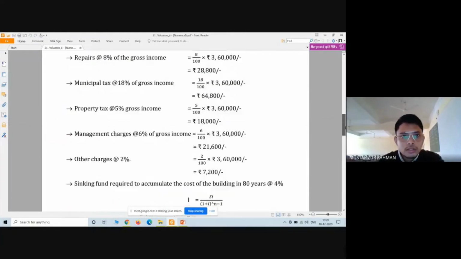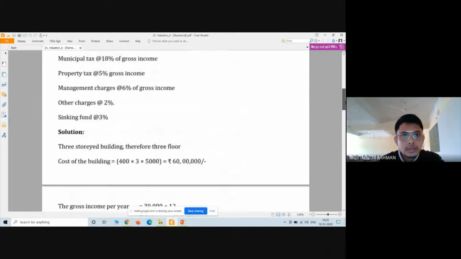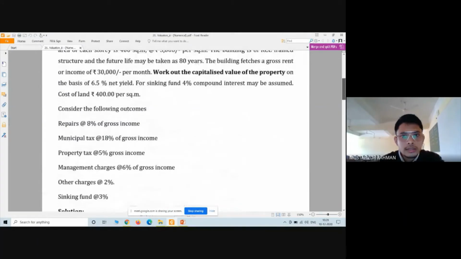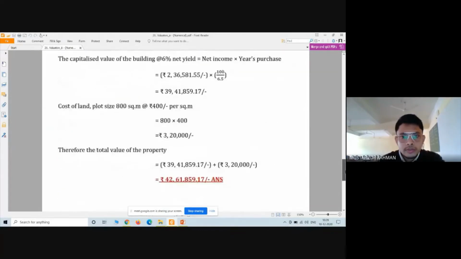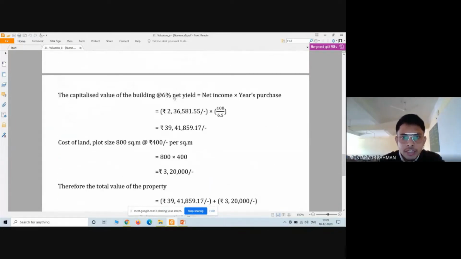One moment, let's go back. In the question it was 6.5. Work out the capitalized value at 6.5. So here I should have written 6.5% as net yield. It's correct here, but here I missed 6.5.